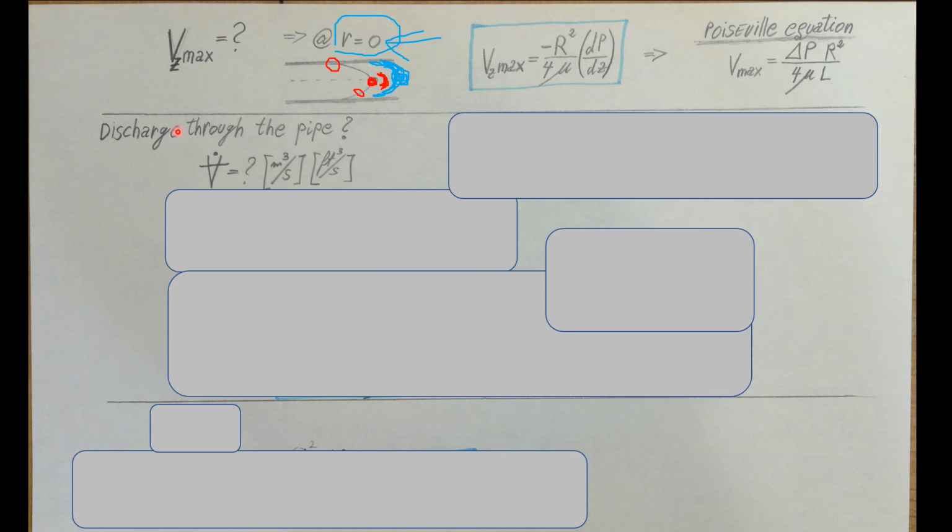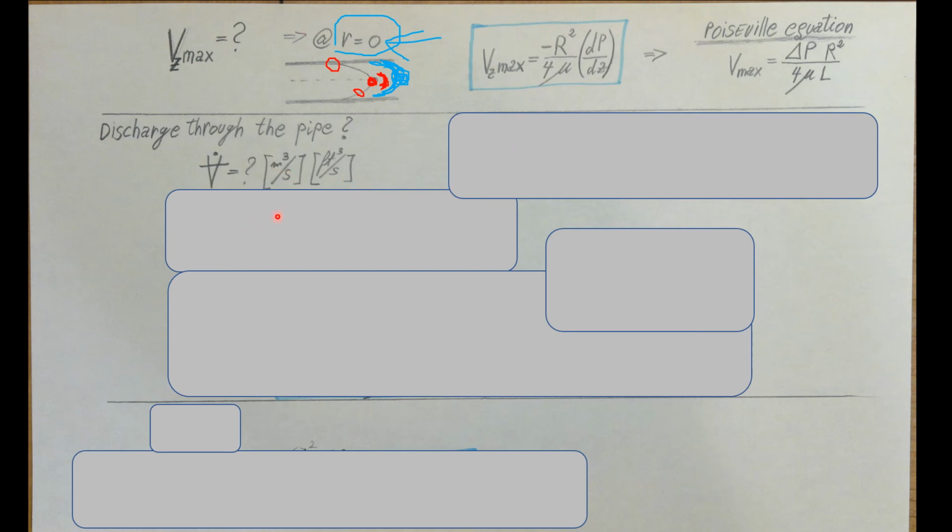Now let's take a look at the discharge through the pipe. That would be the volume flow rate. It can have units of meters cubed per second, or maybe feet cubed per second.